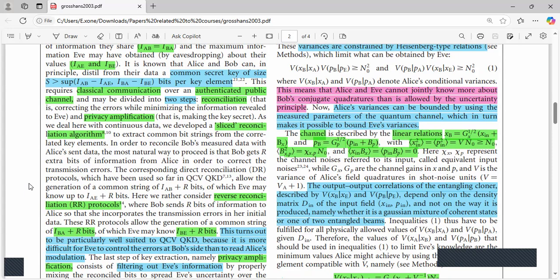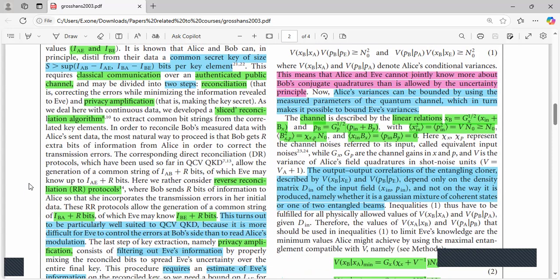This is usually done by a sliced reconciliation algorithm, the details of which we will not go into in this video.